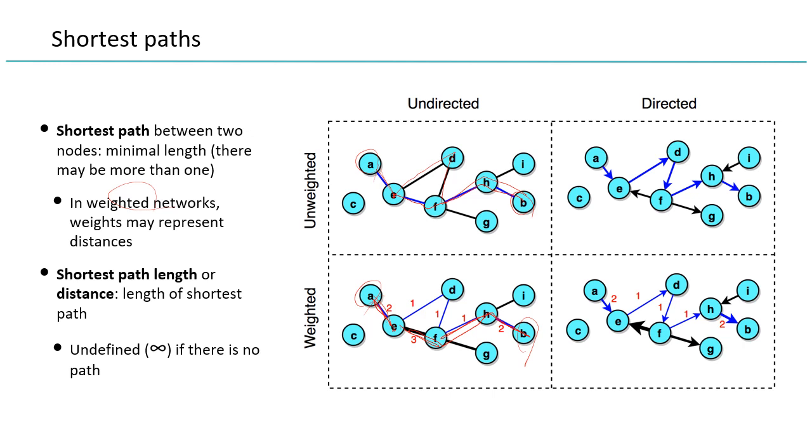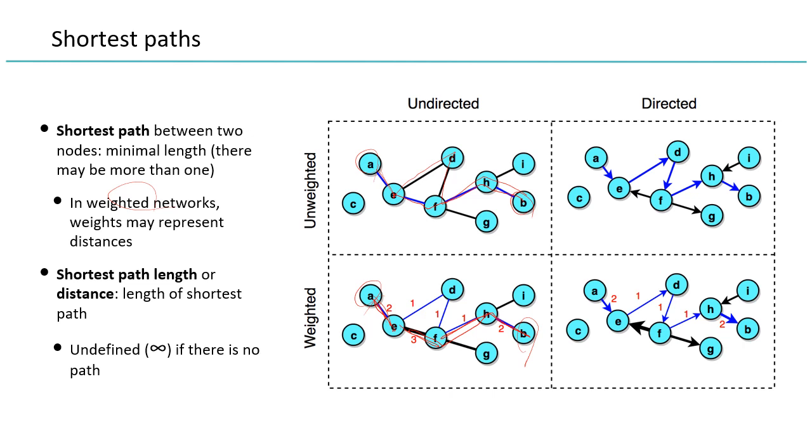Okay. Anyway, if you have direction, you have to consider the direction. For example, here between A and B, in this direction you cannot cross from E to F because it is the opposite direction. So in this case, you have to follow this one.